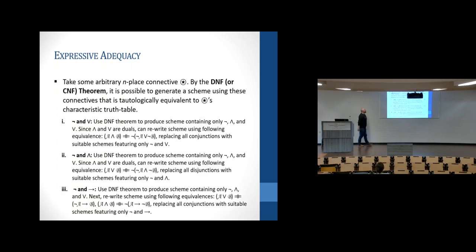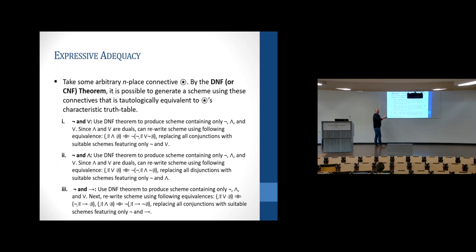So let's take some arbitrary n-place connective star. By the DNF theorem, or we could use the CNF, but I like the disjunctive one better, it's possible to generate a scheme using these connectives that's guaranteed to be tautologically equivalent to star's characteristic truth table. Here's how. If it's negation and disjunction, we have a sentence featuring star.